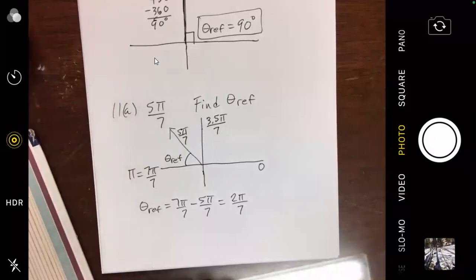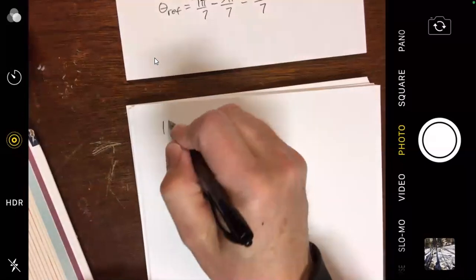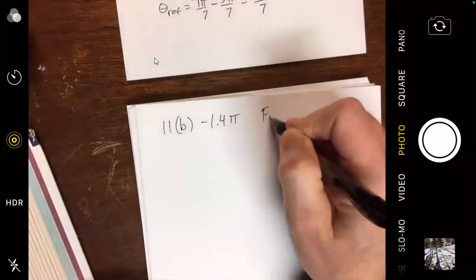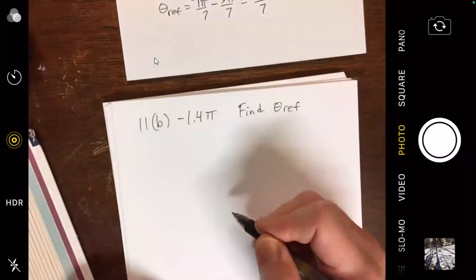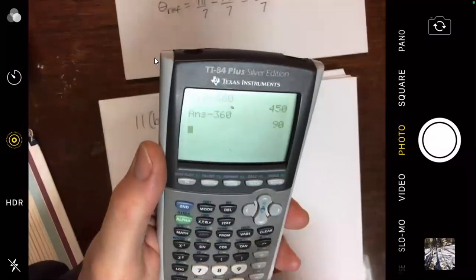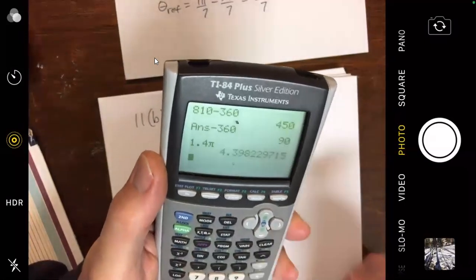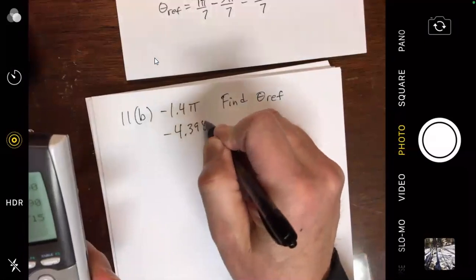I want to do a crazy one like 11b. How about a negative 1.4 pi? Negative 1.4 pi, find theta ref. Okay, I would convert that to a full decimal. 1.4 pi is 4.398, negative 4.398.